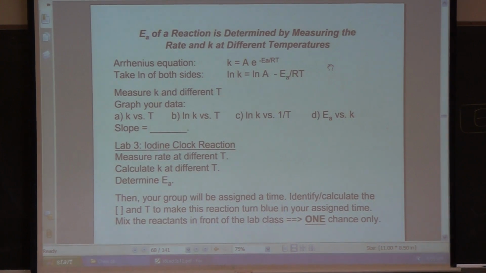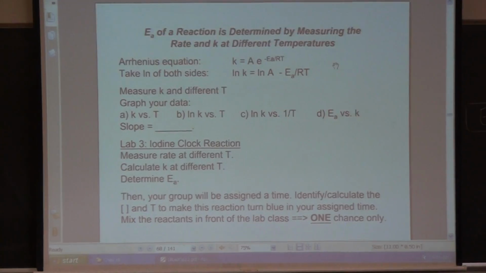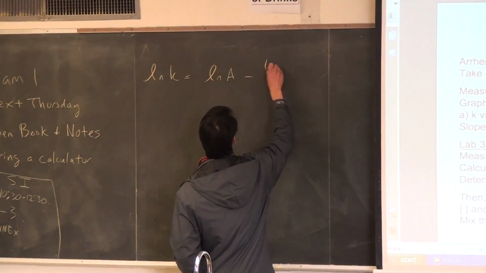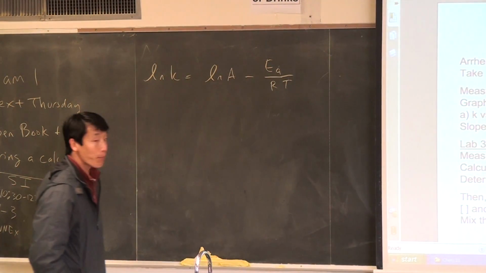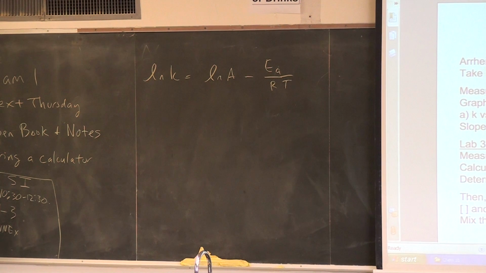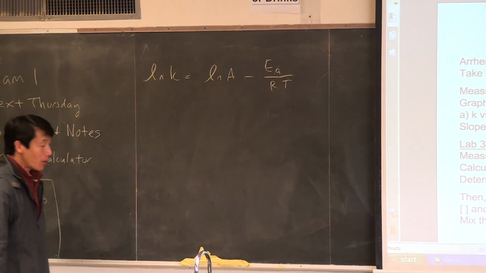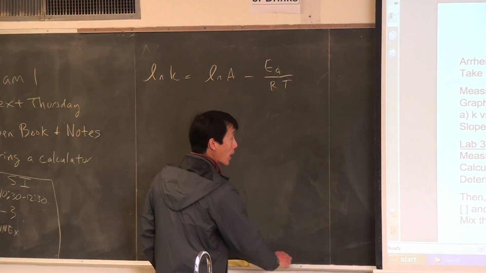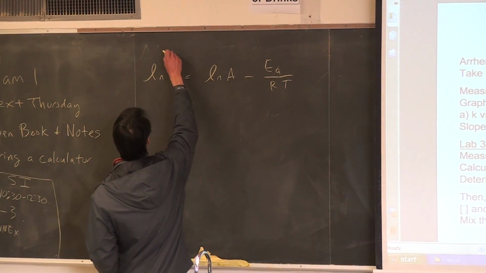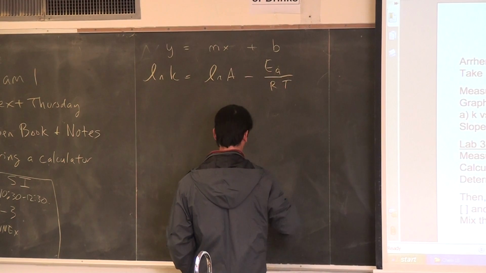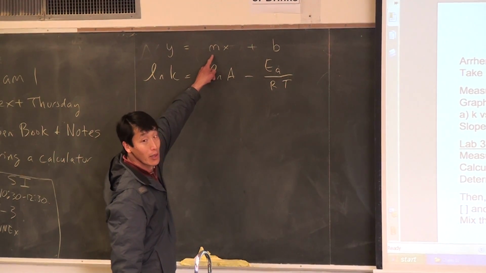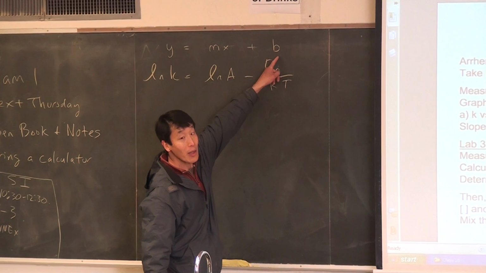We have the natural log of k. Remember when you're drawing a straight line through a graph, what's the formula? y equals mx plus b, where m is the slope and b is the y-intercept.